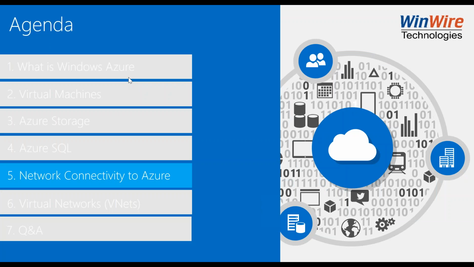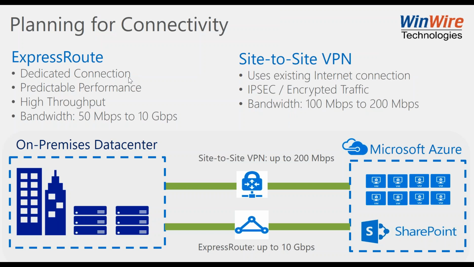So we're going to change gears here, and we're going to talk about network connectivity into Azure. There are two primary, and when I'm talking about primary connectivity, I'm talking about production here, right? So you can have a dedicated route, and that's a dedicated connection that's established through a partner like AT&T, Comcast, Level 1, Level 3, and so on and so forth. And you can see the bandwidth is 50 megabits to 10 gigabits.